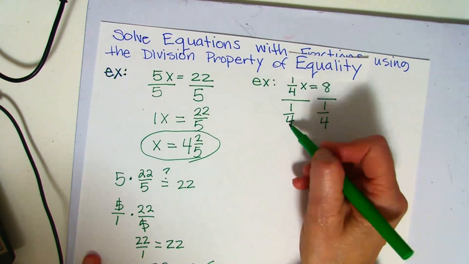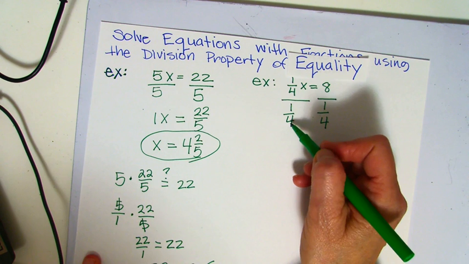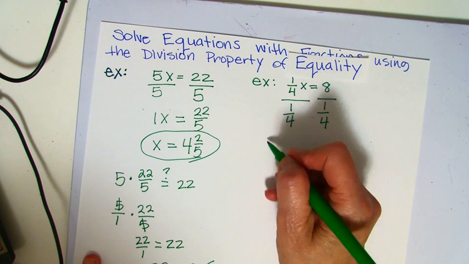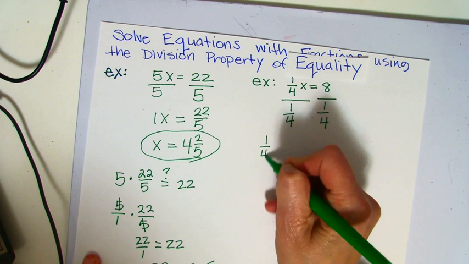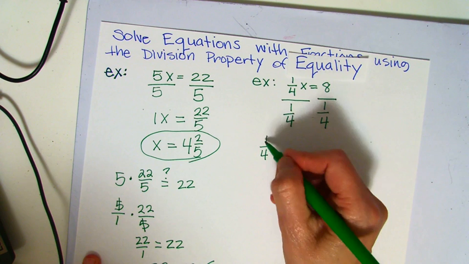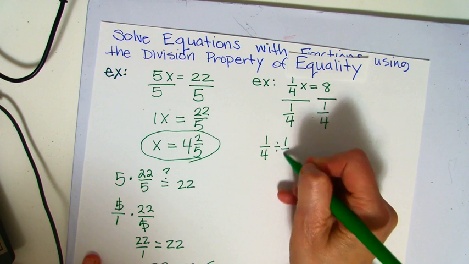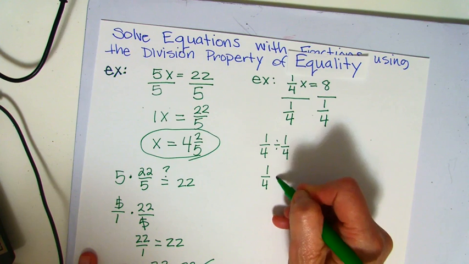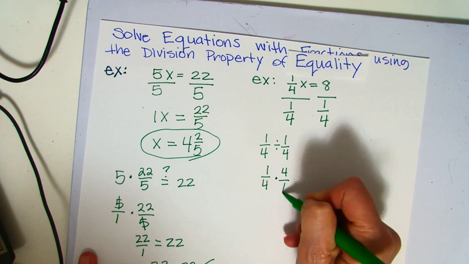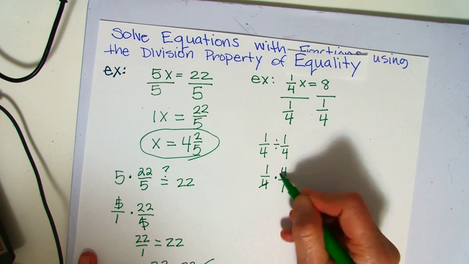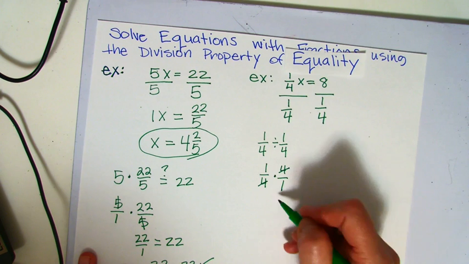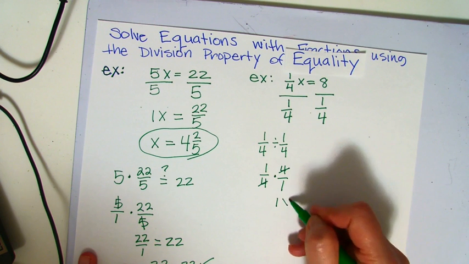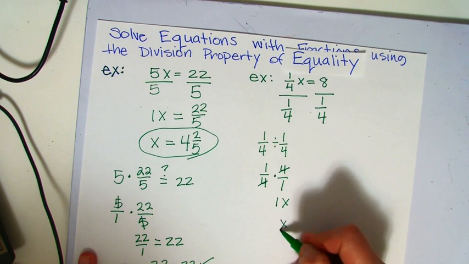1/4 divided by 1/4 is going to give you 1x. If you're not sure, you could write it out. 1/4 divided by 1/4, that's the same thing as 1/4 times 4/1. And notice these 4's are going to cancel, leaving us 1, or 1x, or in this case, just x.